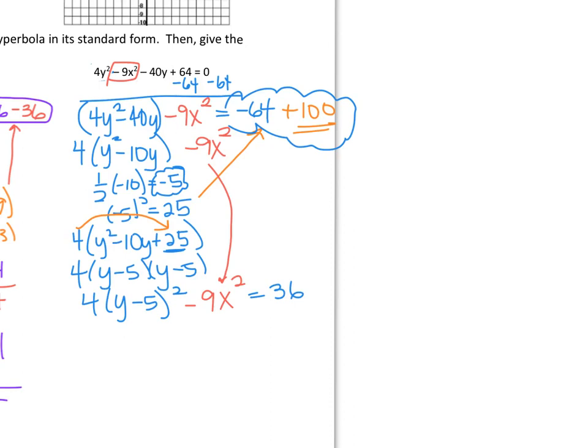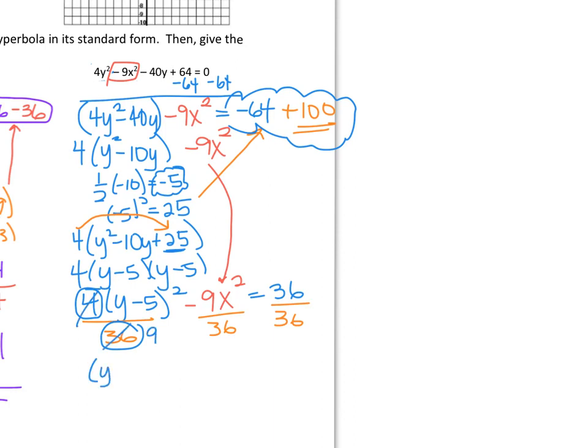To put this in standard form now, remember whatever is being divided on that right-hand side, we have to divide that out. We want to have it equal 1 on the right-hand side. If I divide the right by 36, I need to divide each set of terms on the left also by 36. The 4 on the outside and the 36 in the denominator, 4 goes into 36 9 times.